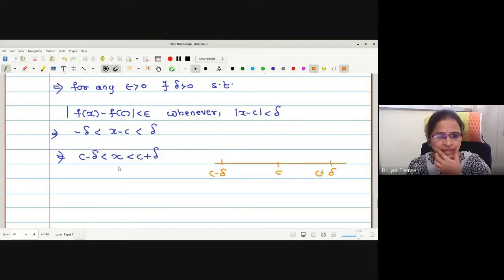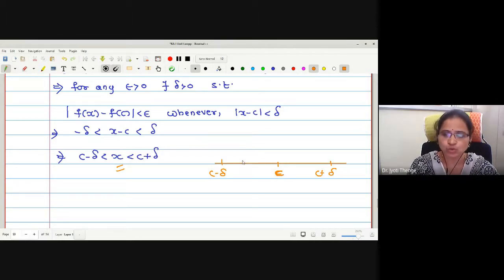Then where is your point x going to lie? Whenever your point x lies in the delta neighborhood of the point C, then f x minus f c is less than epsilon. Now, to prove the derivability of the function capital F at the point C, what am I going to take?